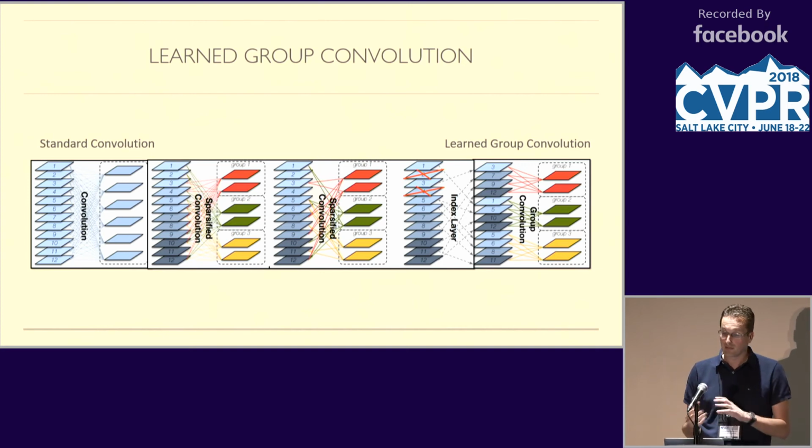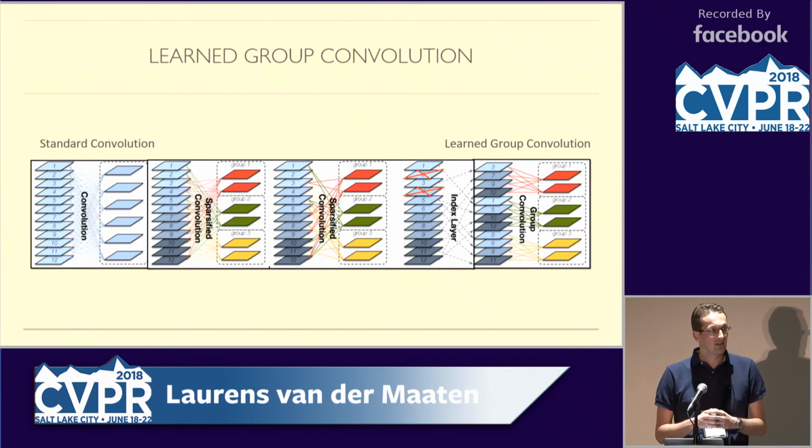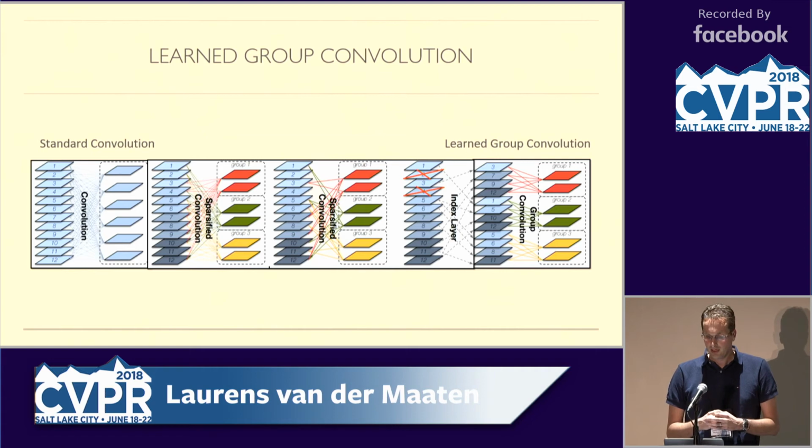This allows us to convert the sparsely connected layer into a standard group convolution after training is completed, with the help of an index layer that selects and reorders the input feature maps. This process is illustrated on the right. Because we can implement our final model using standard group convolutions, which are well supported by various deep learning frameworks, our implementation is very efficient at test time.